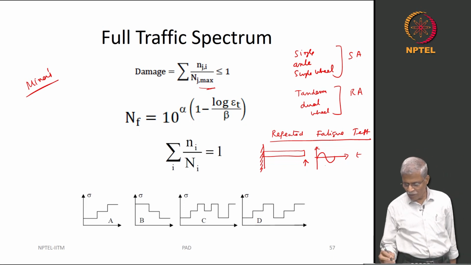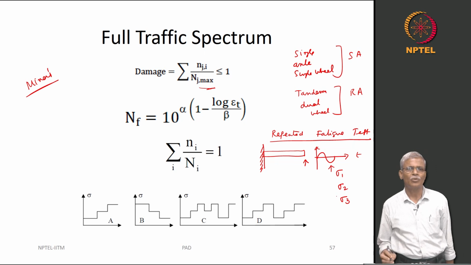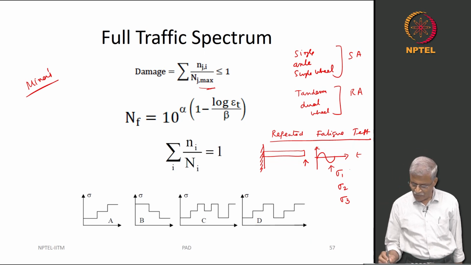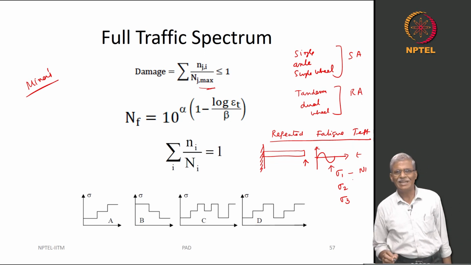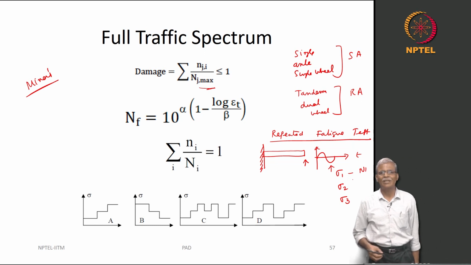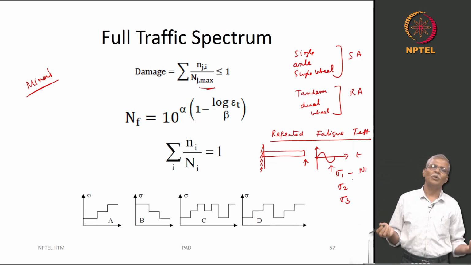Now, what you can do here is vary the load. It could be sigma 1, it could be sigma 2, it could be sigma 3, and so on and so forth. If you apply only sigma 1, you find out the point of failure, and when you are talking about a fatigue test, the way you define failure depends on what you have in mind.